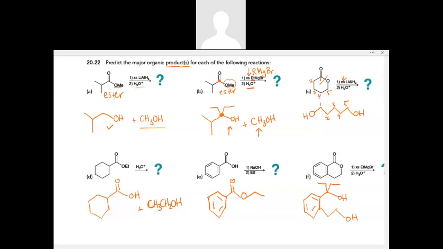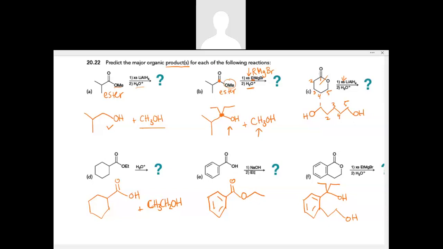So let's explain what happened here. The first equivalent of lithium aluminum hydride reduced our ester to an aldehyde, similarly to what we saw in part A. So we had nucleophilic attack and then loss of leaving group. Then with the second equivalent being added, we would reduce our aldehyde to the corresponding alkoxide that we see here.